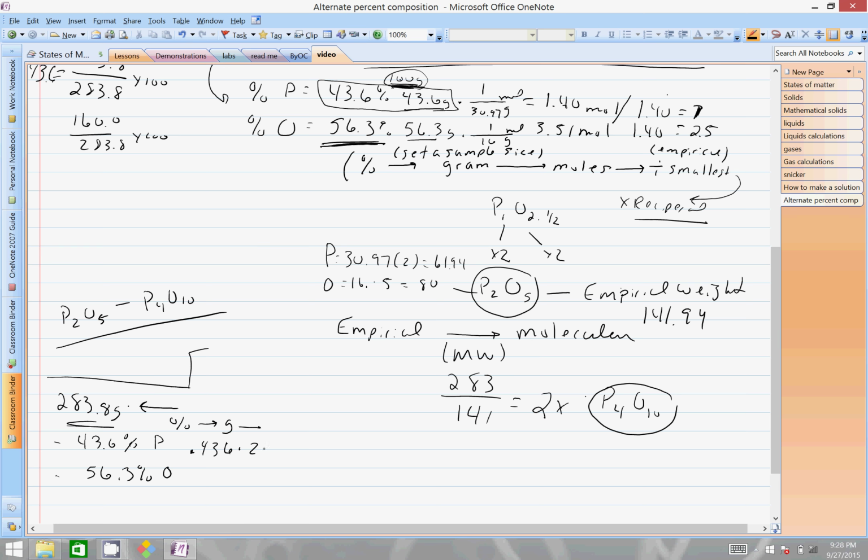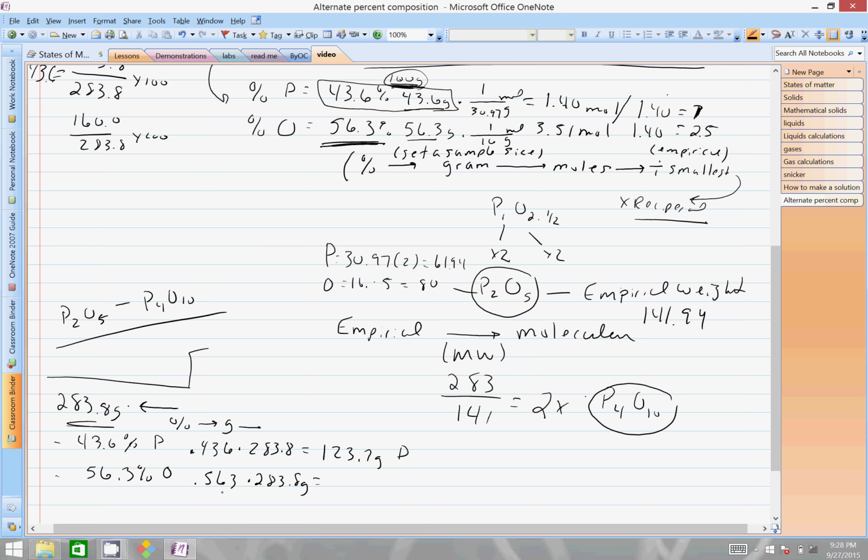So 0.436 times 283.8 equals 123.7 grams of phosphorus, and 0.563 times 283.8 grams.